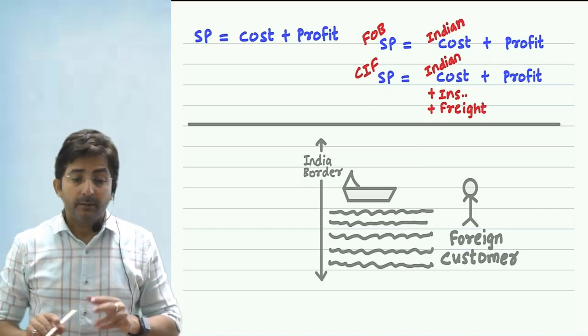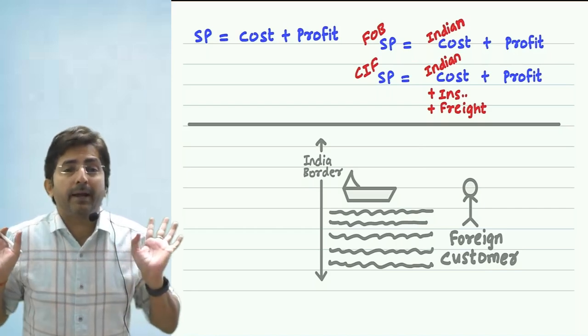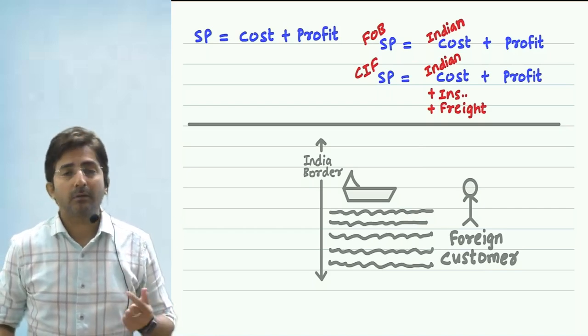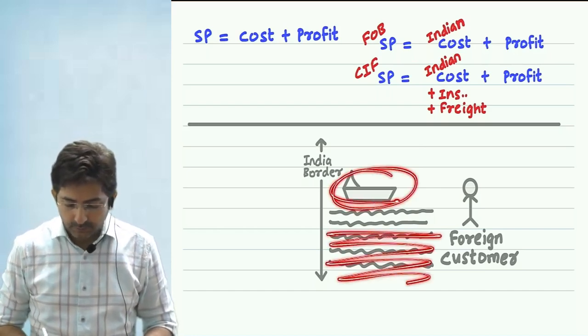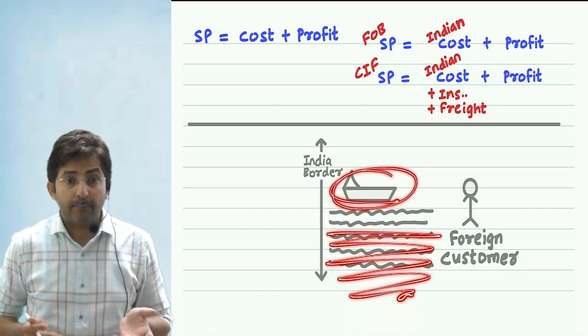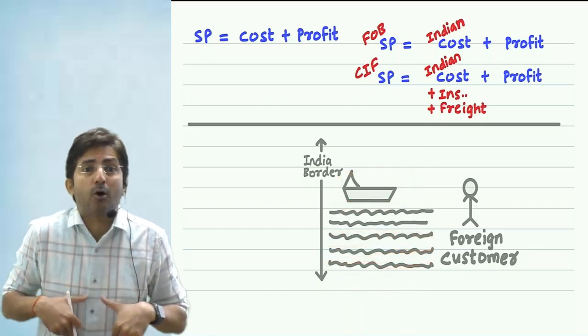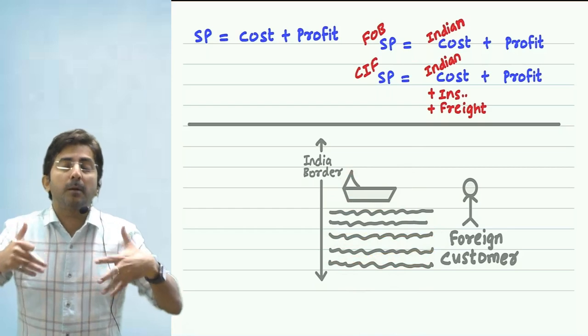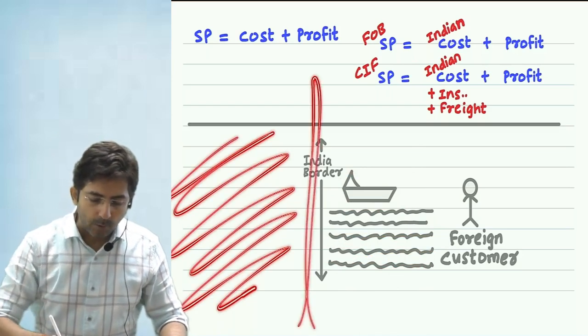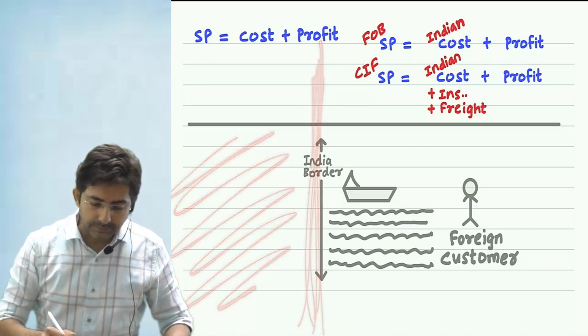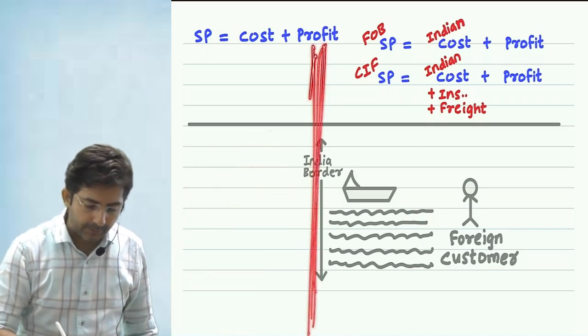So tell me, if I am not ready to bear what? Freight of the ship and the insurance of the journey. If I am not bearing it, it will not become my cost. So what will be my cost? Only the cost which I incur within the boundary of India. See, this line I am drawing, this is the boundary of India.